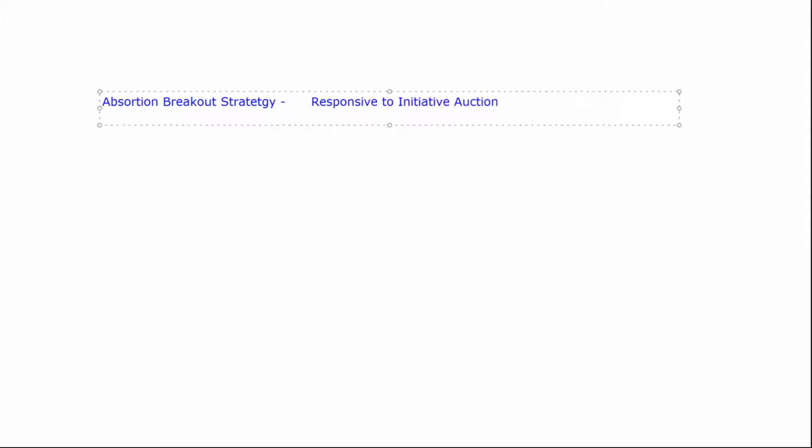Once there is a subtle change and the direction is getting into an initiative auction, you should trail your position as long as that initiative auction is continuing. The moment the initiative auction converts again into responsive, that is where one can think of booking profits. Until then, one should chase the trend as long as it goes.